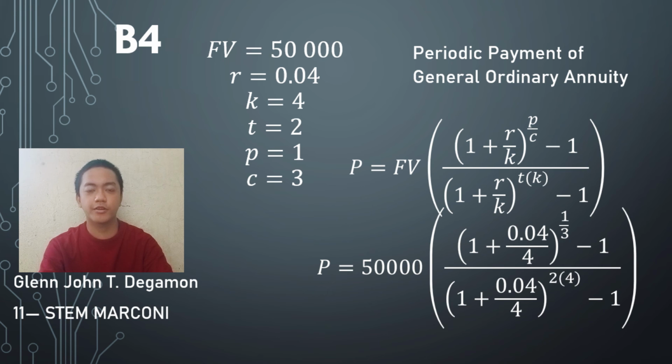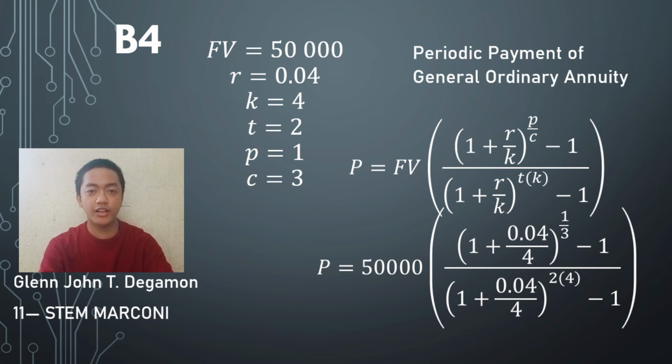Good day, Montealto. I'm Degamon from grade 11 MARCONI, and today I'll be solving question number 4 for letter B, where question number 4 asks for the periodic payment of the general ordinary annuity where the future value is given. For the future value, this will be 50,000 and our rate is equal to 0.04, and our K is equal to 4, T is equal to 2, P is equal to 1, and our C is equal to 3. And this is our formula.